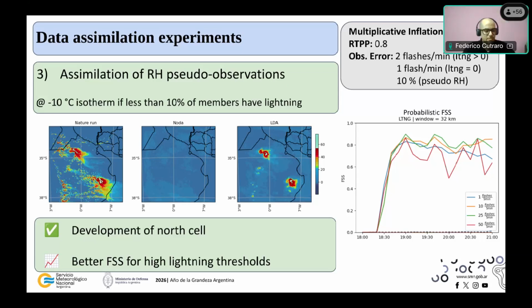A great question. Probably the higher values of flashes may be problematic because we need to represent this in the forecast, and they are the interesting cases, but probably the most difficult to assimilate.